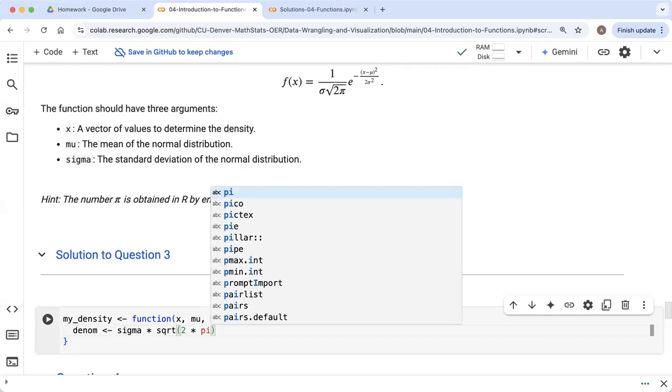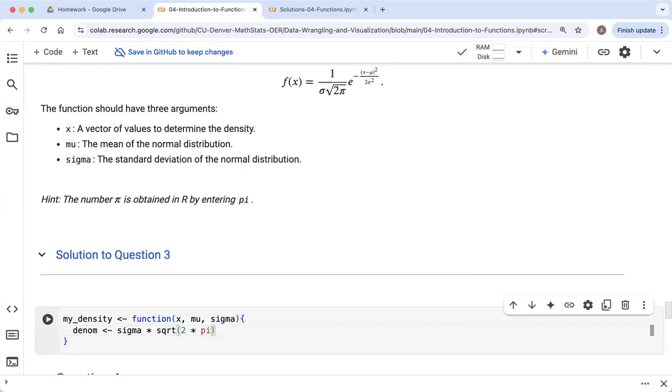One thing to keep in mind here is that we can get the number pi in R by typing pi. That's reserved for the number pi in R. So you can see it has this special color.